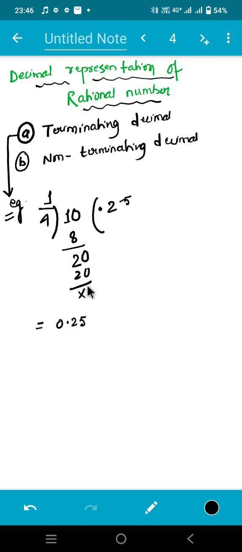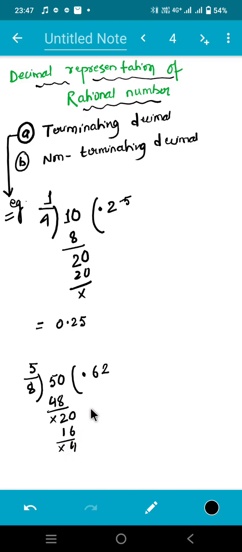Let me give you another example, that is 5 upon 8. Now what if I divide 5 by 8? This is a smaller number, so again we'll take a decimal here, we'll put 0. So 8 6s are 48. The difference would be 2. Now because of this decimal we can again take 0 here, so 8 2s are 16. Again 4. Because of this decimal we can again put 0 here, 8 5s are 40.